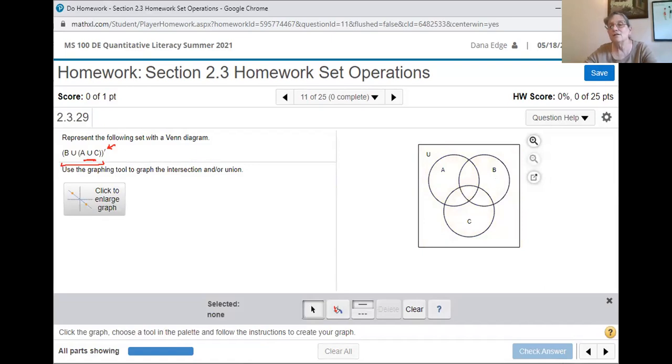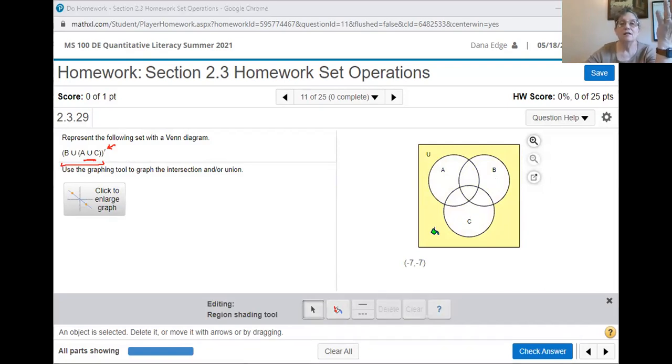But if these three circles colored are A union B union C, then the complement of that would be the outside part here. Make sense? So the outside part is the complement of the union of the three sets, which I did work out in order, but A union B union C is going to be the same regardless of order.